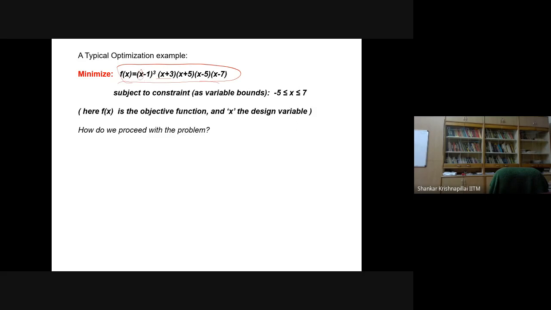That is, x is the single variable, and the constraint is that x is allowed to vary between -5 and 7. So it is a variable bound type of constraint. Here f of x is the objective function, and x is the design variable. x can vary within certain ranges, in this case -5 to 7. So how do we solve this problem?